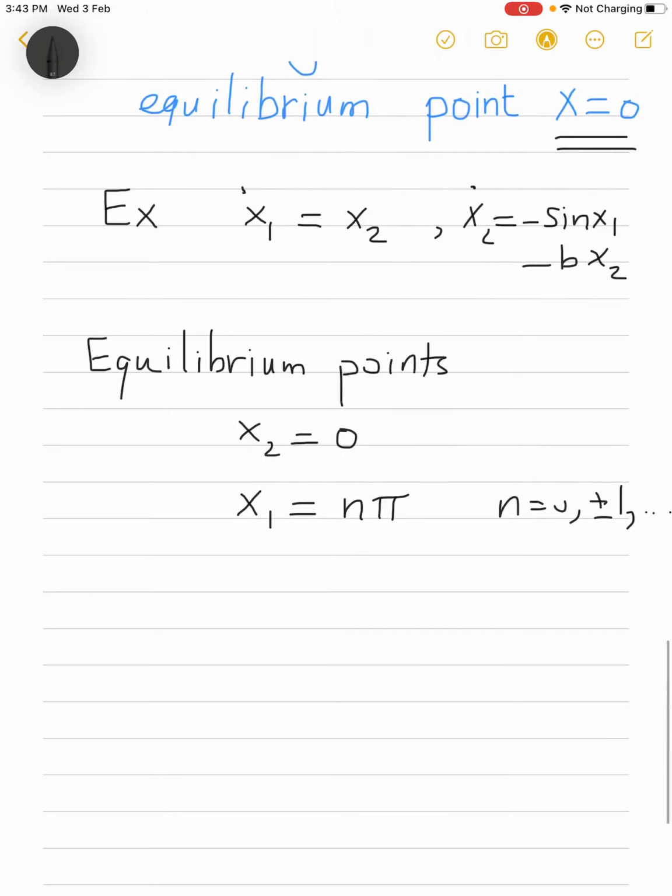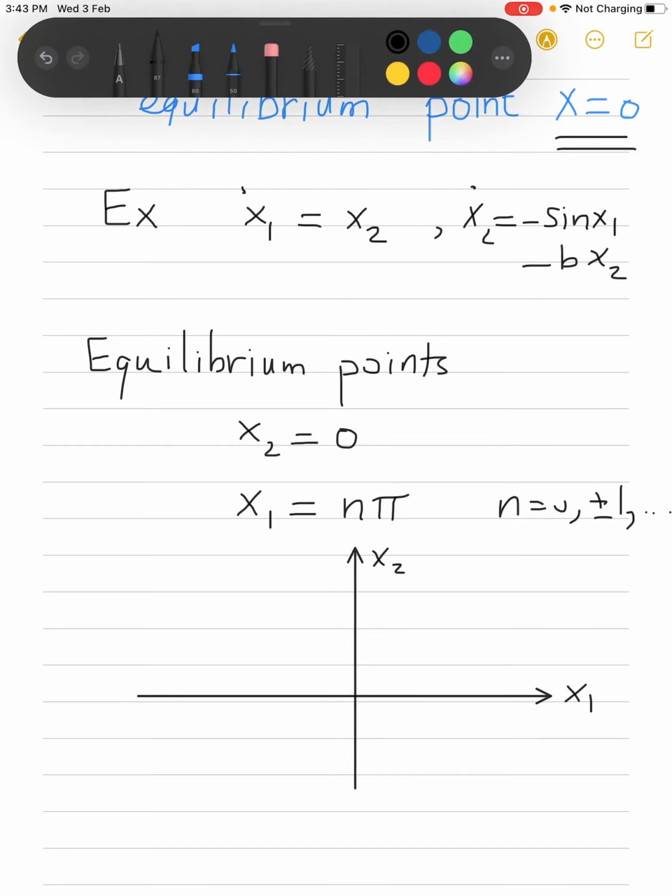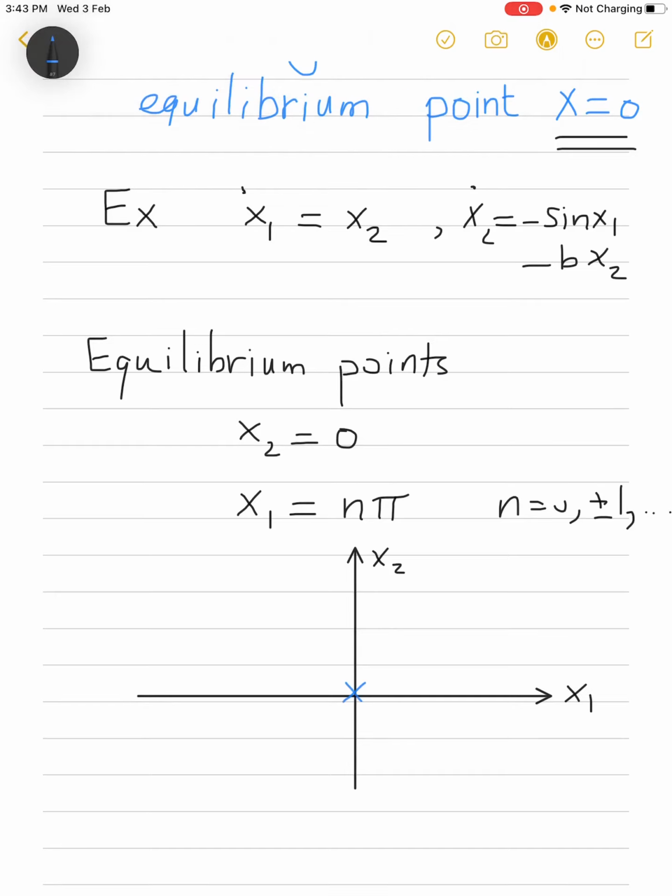So if I do that on the original axes x1 and x2, we will notice that we have equilibrium points at 0, pi, minus pi, 2 pi, and so on.